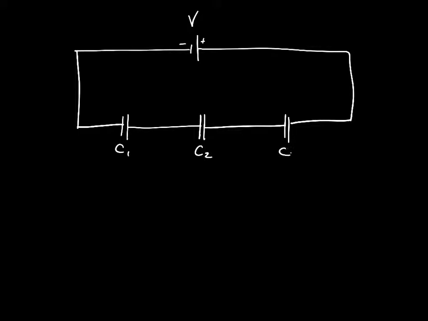C1, C2, C3, etc. So now we have to have the same charge everywhere because there's only going to be one path for current flow. And that was what I was trying to show in the other simulation before it died on us, is how the current flow was the same everywhere. So we'll have to redo that some other way.